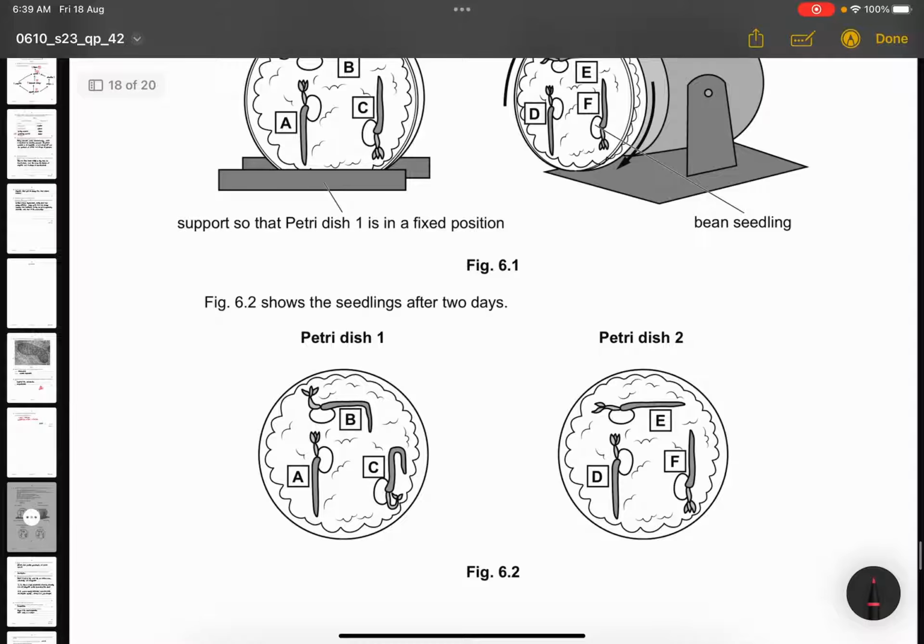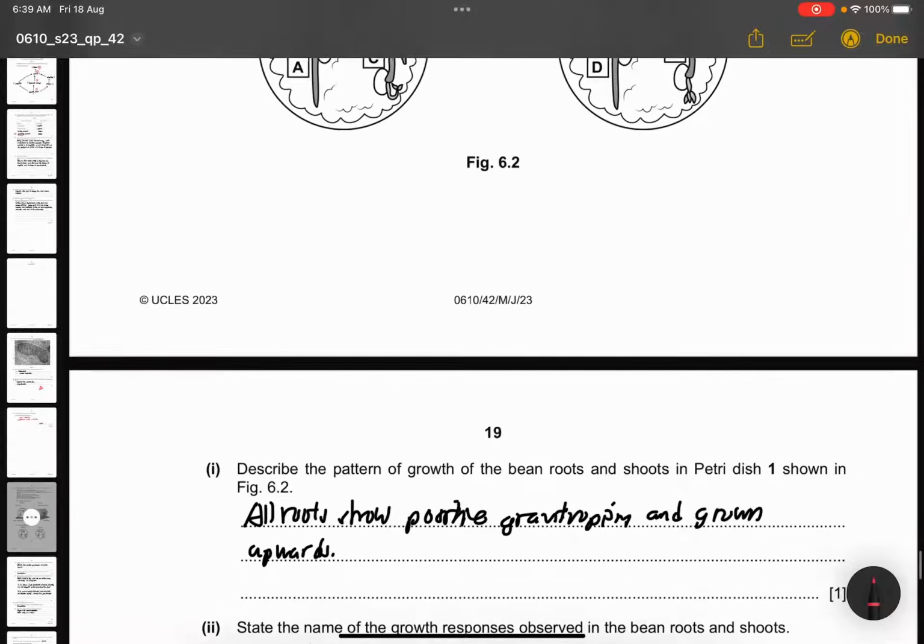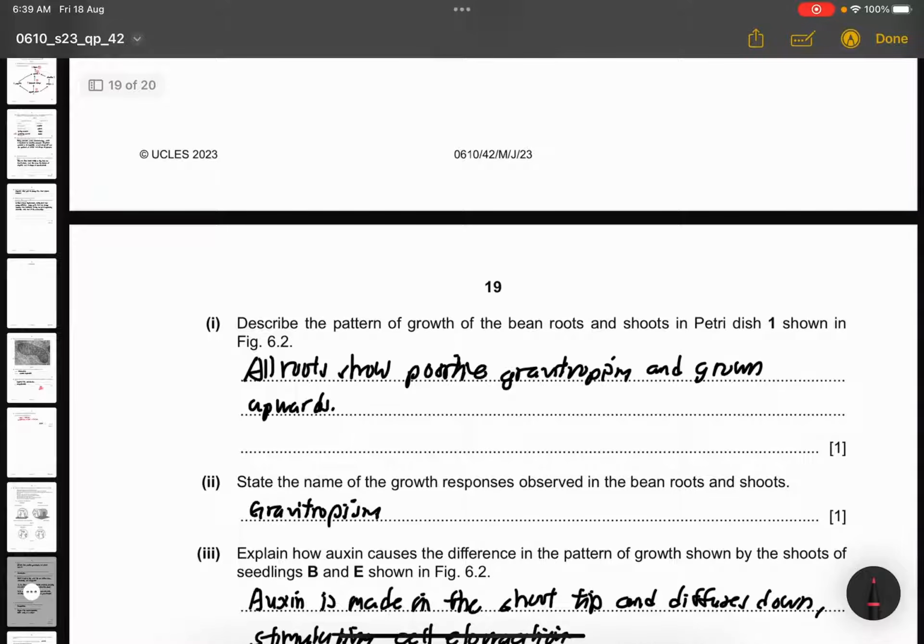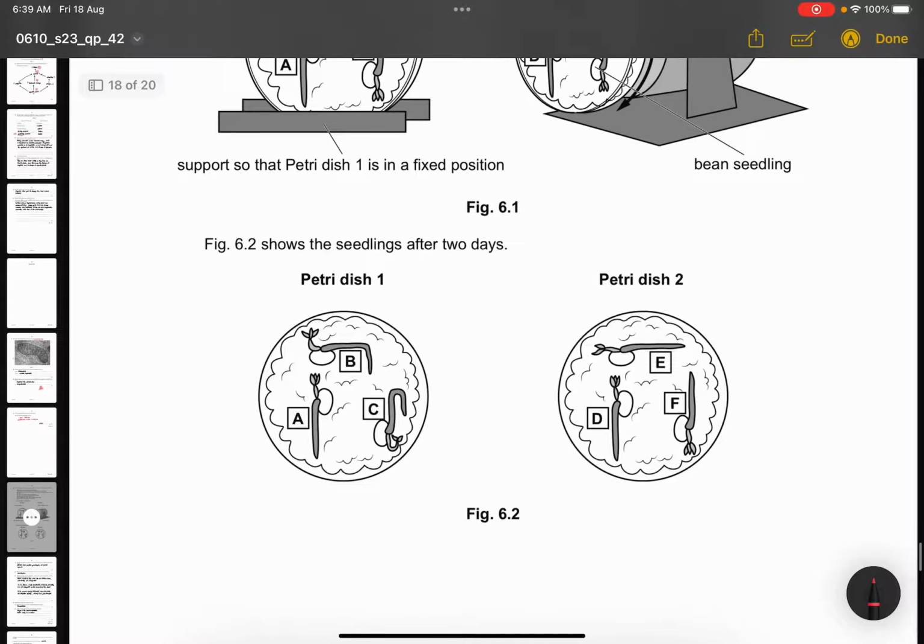So in this one, you can see that all roots show positive gravitropism and the shoots are growing upwards. So some are going downwards, and some are going up. So both sides are positive.